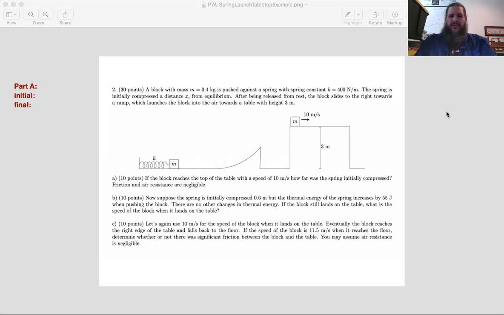Well, we're not trying to figure out what's going on when the block reaches equilibrium. What is this question part A actually asking? Part A is describing an interval of time. It's describing a process. What's the end of that process?